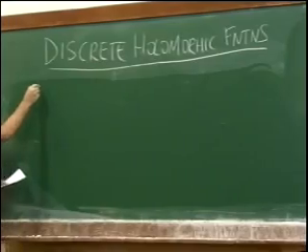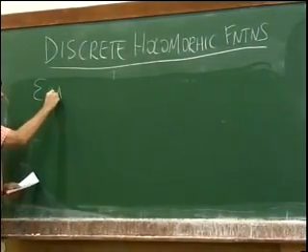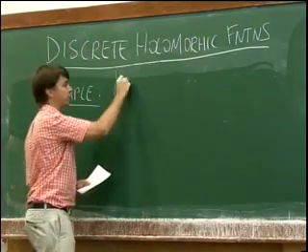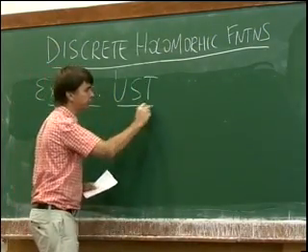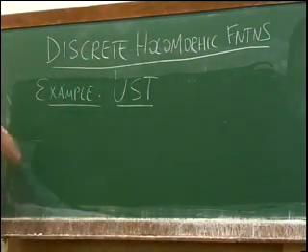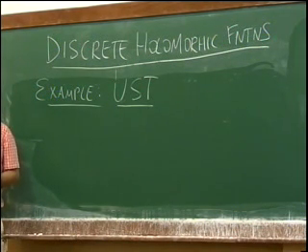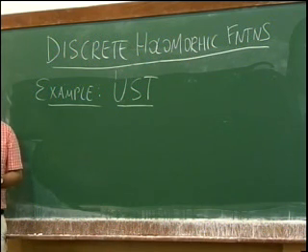Okay, so example. Uniform spanning tree. Now I will do a Kirchhoff-style example. There are more interesting ways how they appear there in Kenyon's work, and that we'll do time permitting.